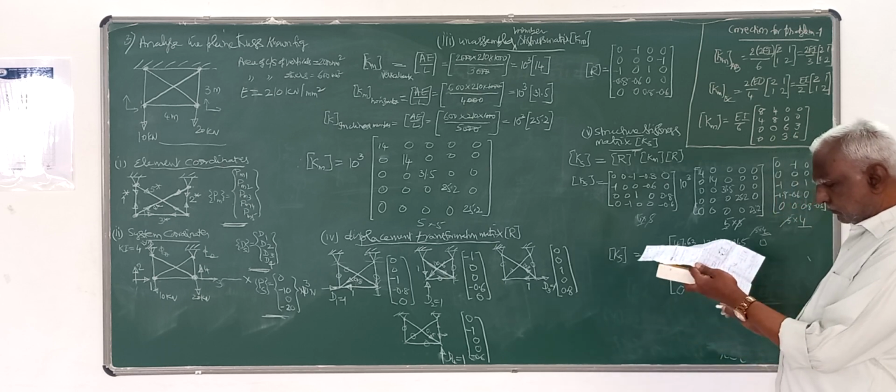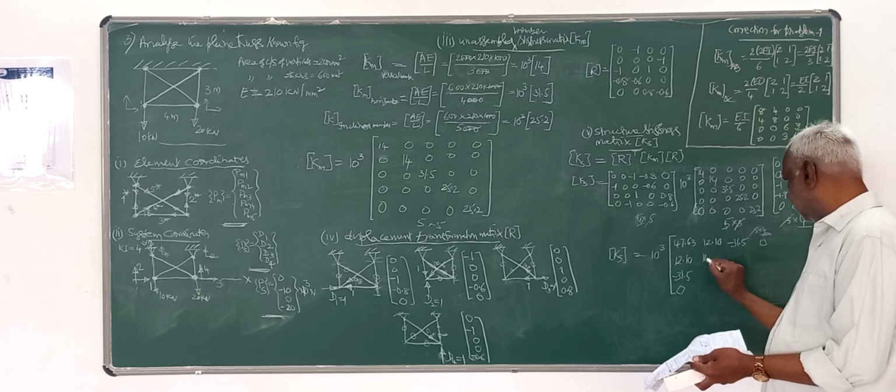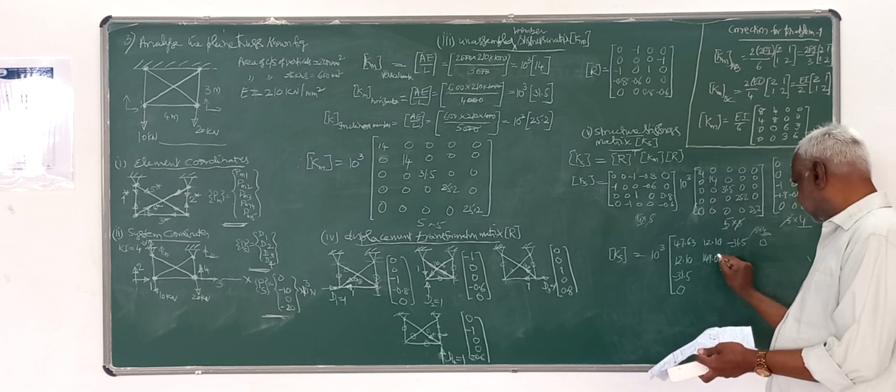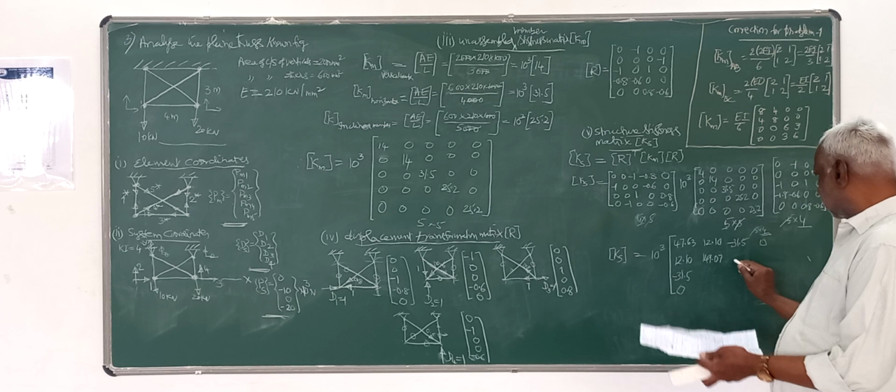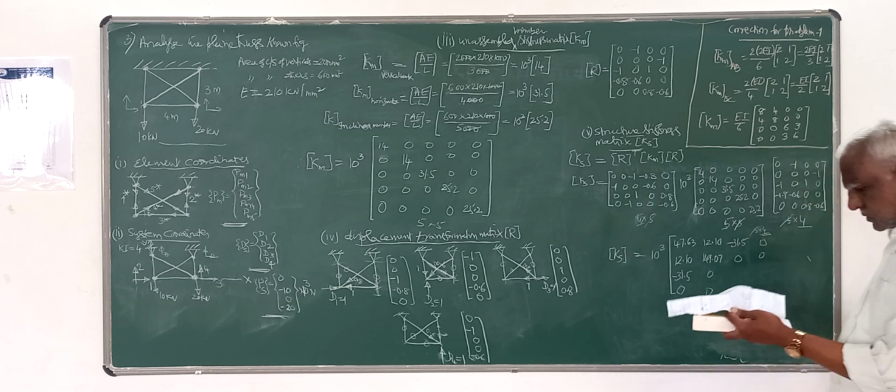Then this value will be 149.07. Then we will get 0, 0. So the symmetry is 0, 0.